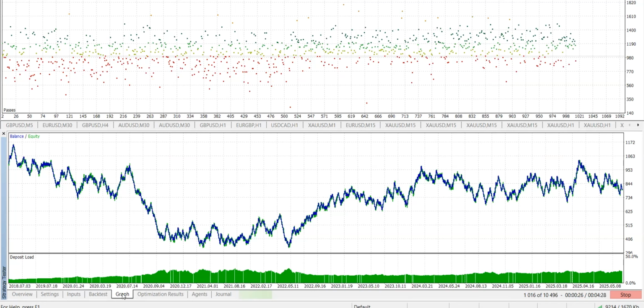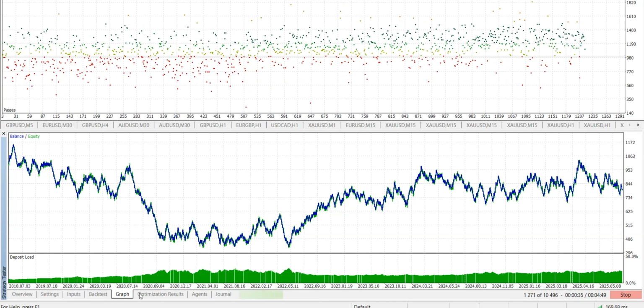So you never do a 5-year optimization or testing with the 15-minute chart on gold, based on studies and research by bigger hedge funds.